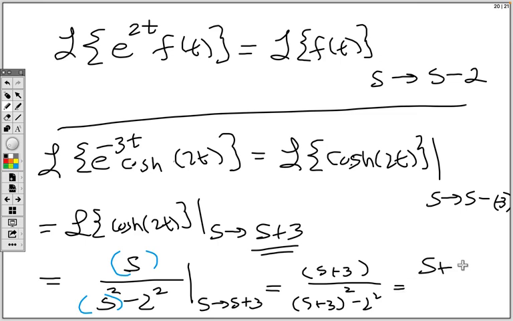And by golly, I get s plus 3 over s squared plus 6s plus 9 minus 4 plus 5. And by golly, that's the same thing I got before.